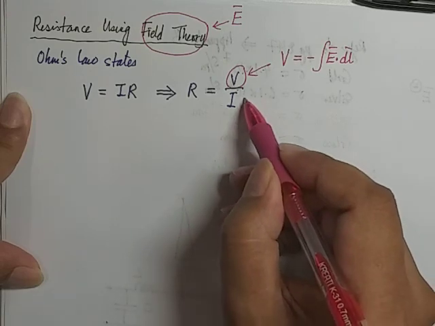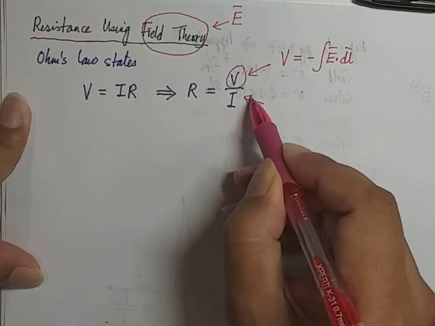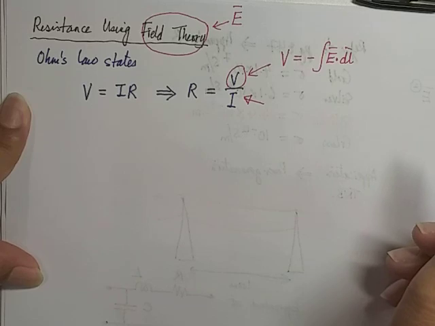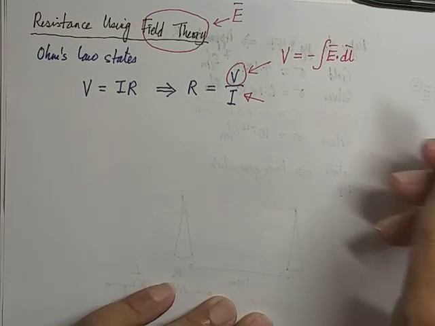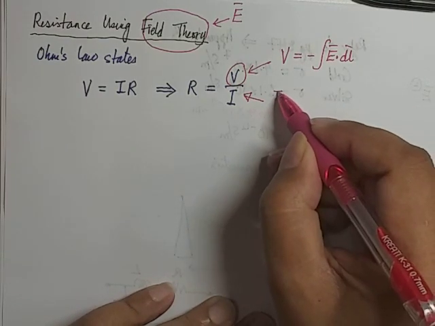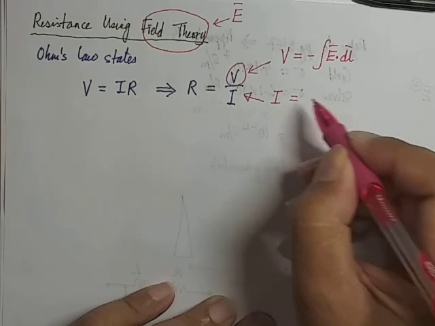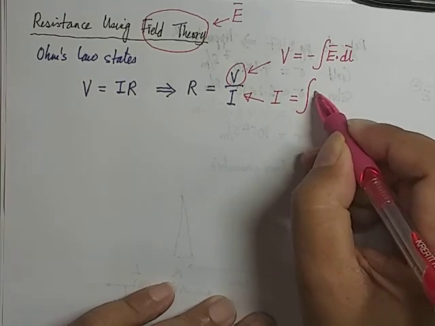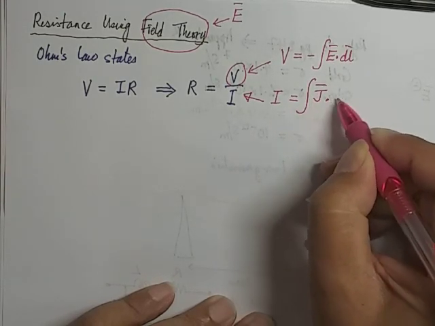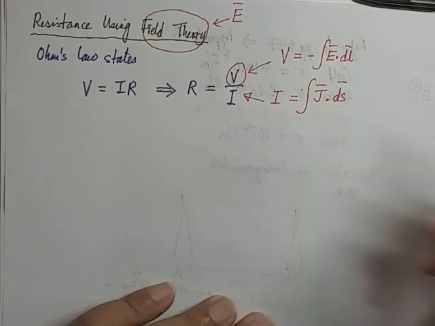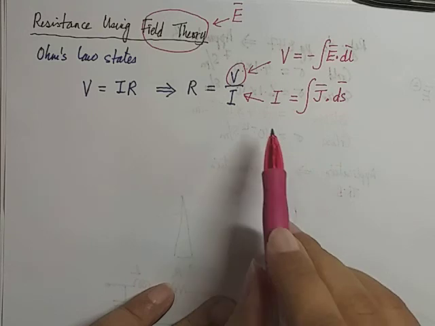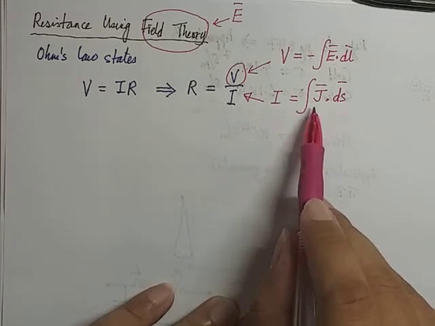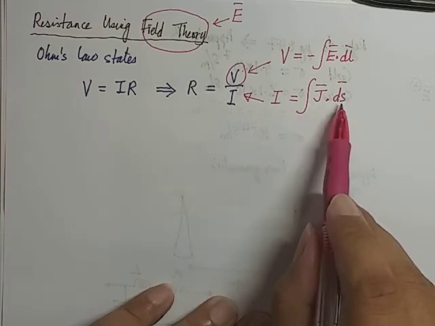And for the current, this current will be defined as conduction current. We know from our second model of current equation, recall that I is equal to the integration of J dot ds. Remember that equation? Equation number 2, what we developed regarding the current. Current is equal to current density multiplied with the sample area.